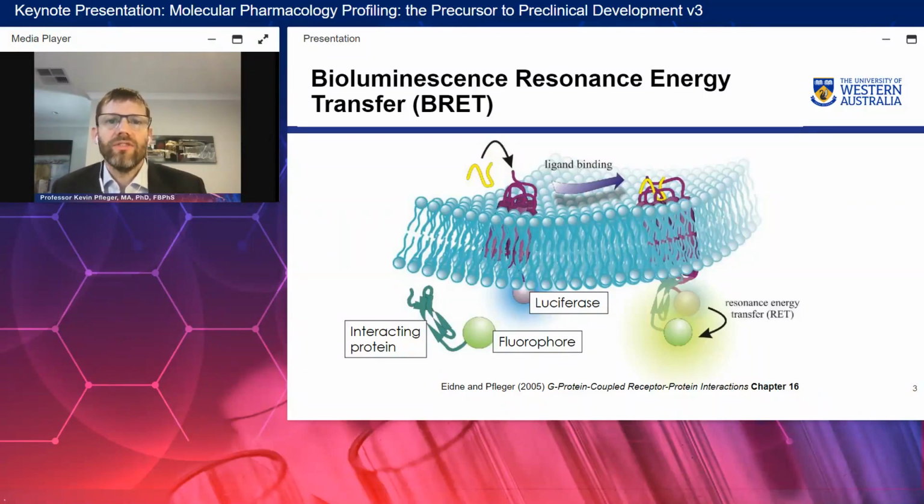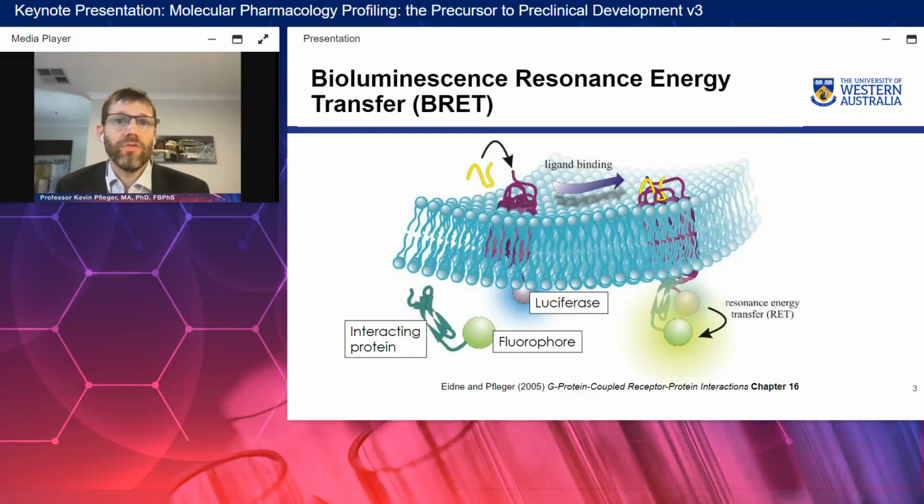So we have a luciferase, a molecule that gives off blue light when it metabolizes its substrate. That is attached to a receptor of interest. We then have an interacting protein which is conjugated to a fluorophore, and that fluorophore acts as the acceptor for the energy transfer.